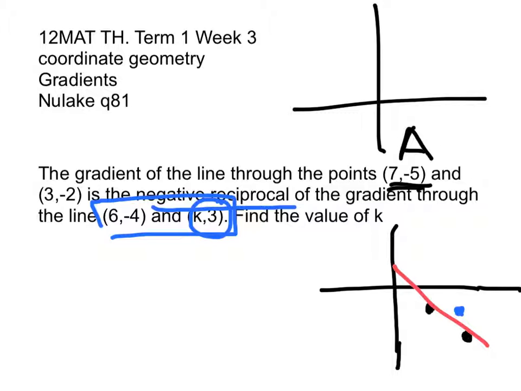So we're probably looking at a line that goes something like that. The first step is to label our points. We've got A there, and we'll do B here for 3, negative 2. Now I'm going to turn to the next slide to do the calculations.